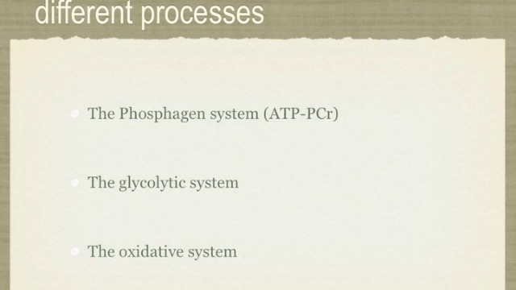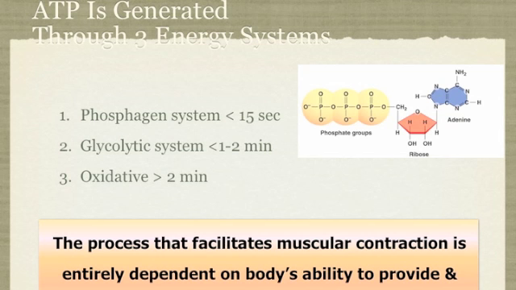So the first 2 are considered anaerobic. We don't need oxygen present to produce ATP in either the phosphagen or the glycolytic system. But the oxidative system, we definitely need oxygen present to produce energy. And so the first system is the phosphagen system, and that usually fuels exercise that lasts less than 15 seconds.